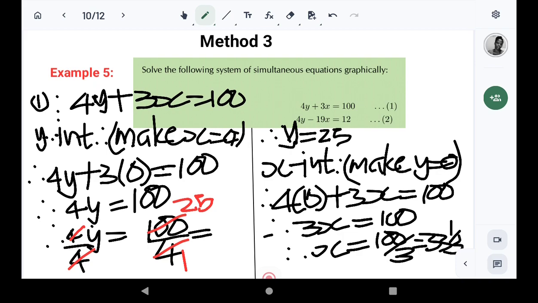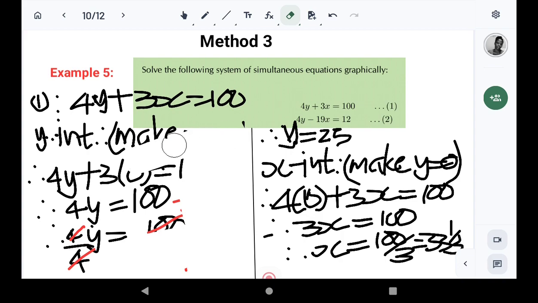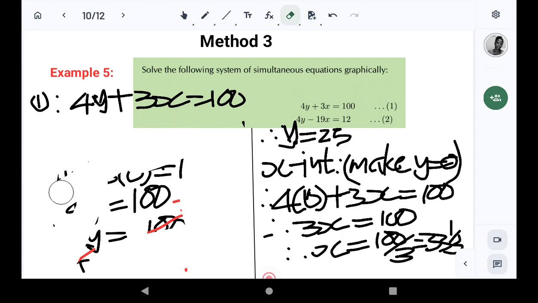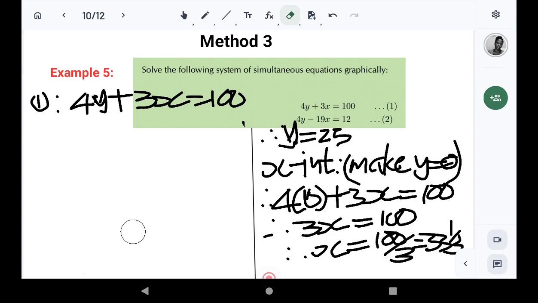Okay, so let's note that down. Y-intercept 25, x-intercept 33 and a third.